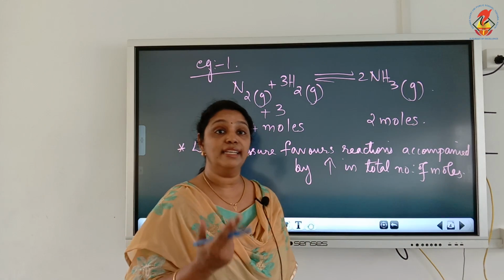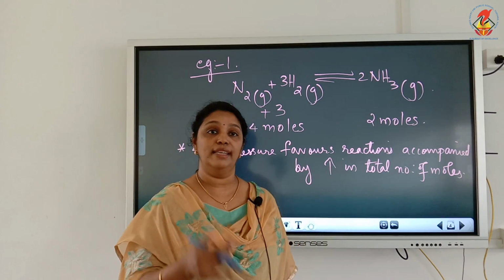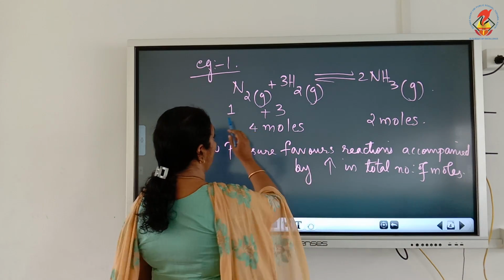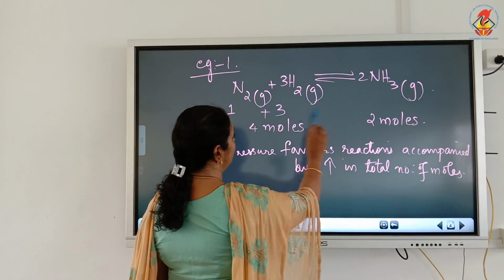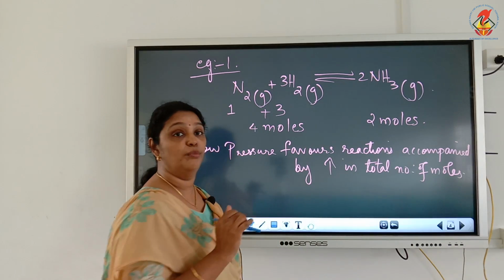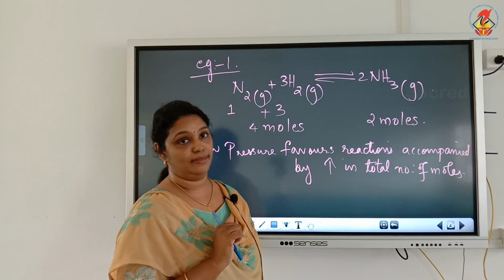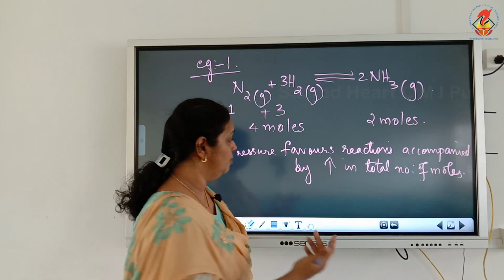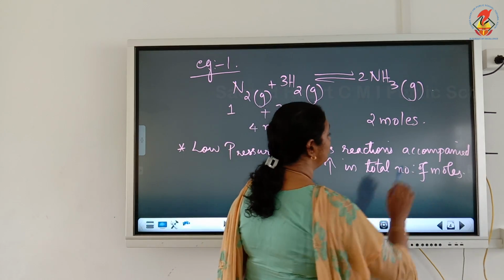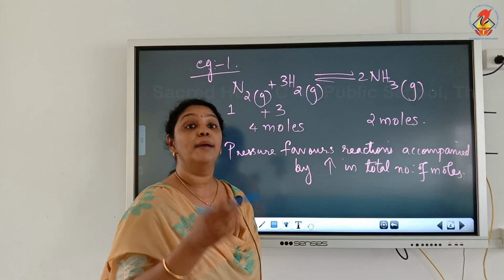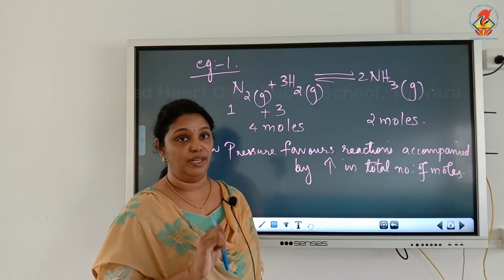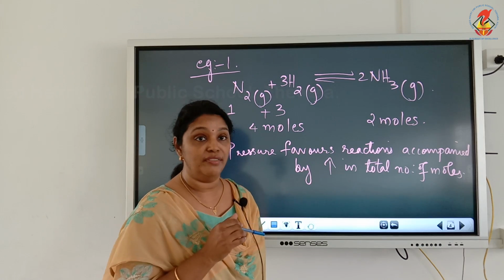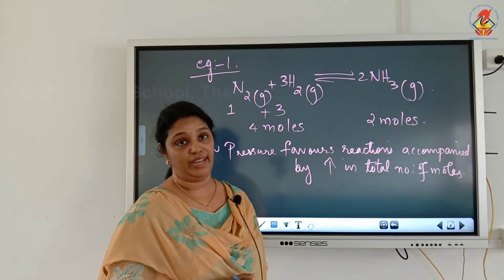So, if there is an increase in total number of moles, then pressure decreases. If you look at this reaction, in the forward direction the total number of moles decreases, and in the backward reaction the total number of moles increases. So, I told you if there is an increase in total number of moles, then low pressure is favorable, which means for this reaction, low pressure favors the backward reaction.